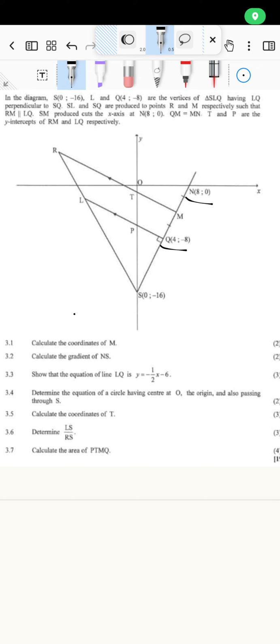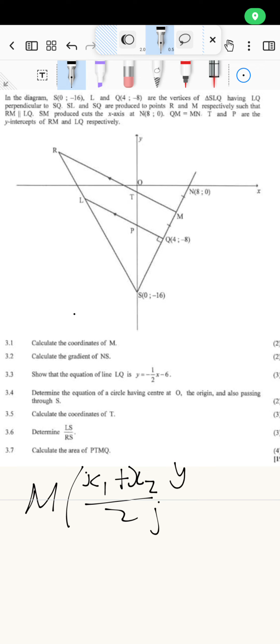Alright, so let's just do that quickly. M, that's the midpoint formula. So it's midpoint formula, substitution and answer that's going to get you your marks there. I'm just going to say M is (x1 plus x2) divided by 2, and then (y1 plus y2) divided by 2.